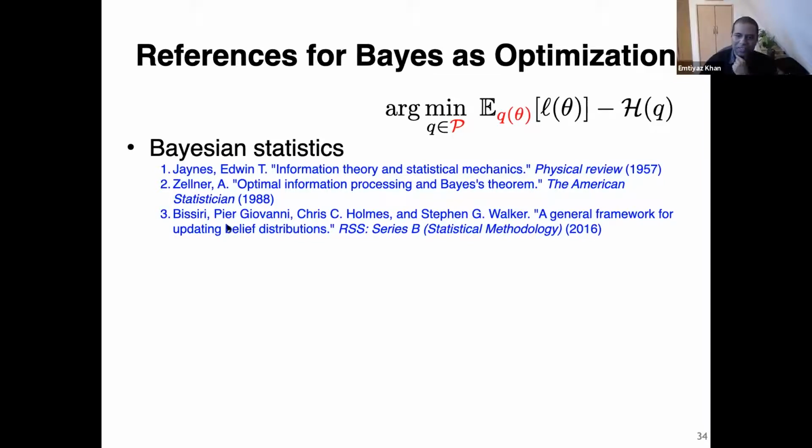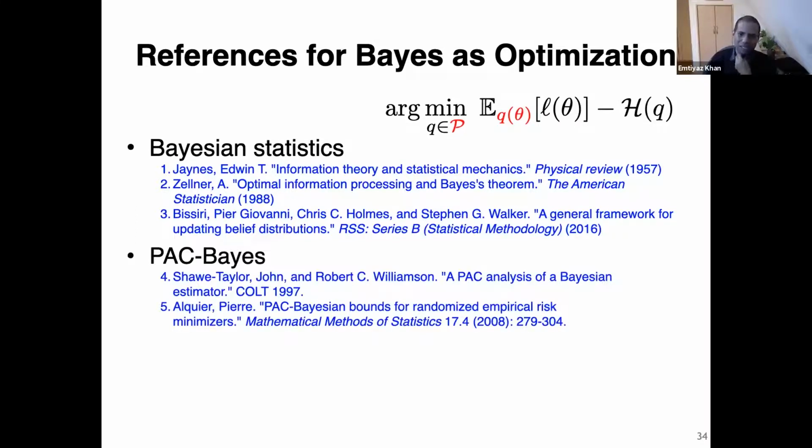Recently, this has been brought back to statistics by Chris Holmes and colleagues. They have a very nice paper on this. People kind of forgot this result in Bayesian statistics, but it has always been there in the PAC-Bayesian community. It goes quite far back, with bounds by Williamson and John Shawe-Taylor, and later on by Catoni and some of my colleagues.